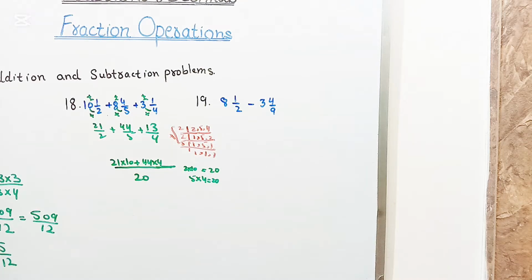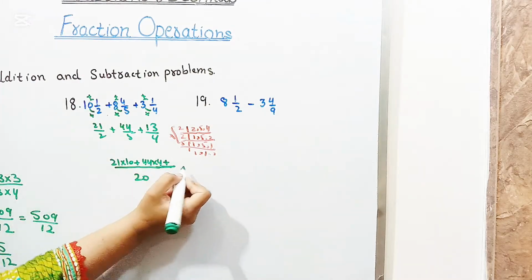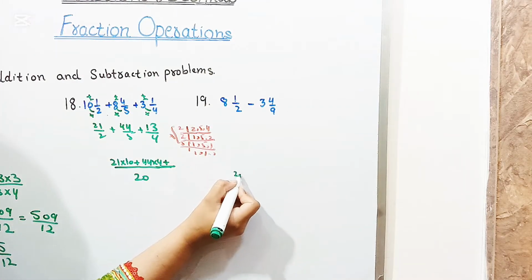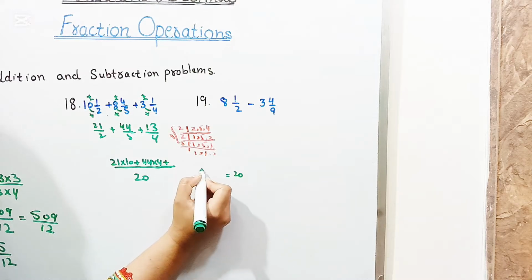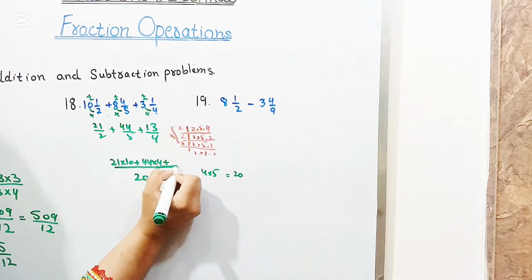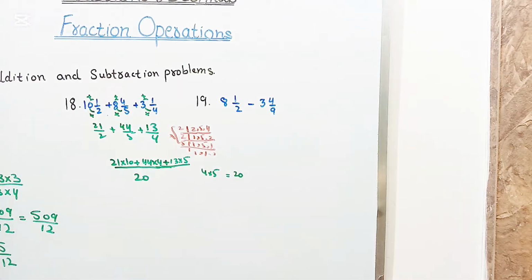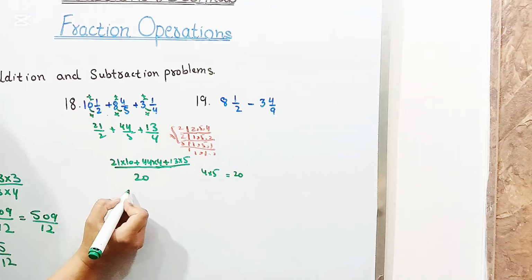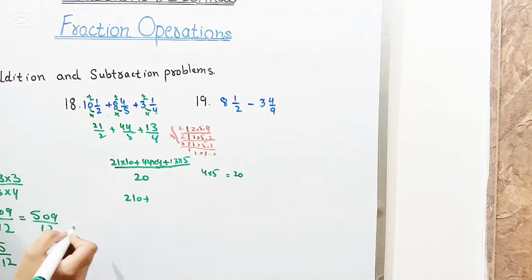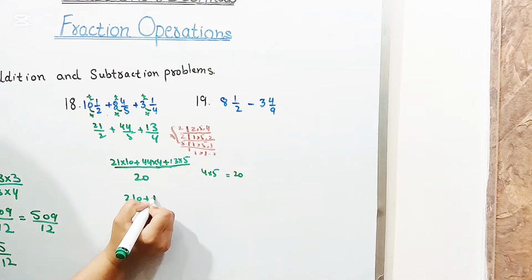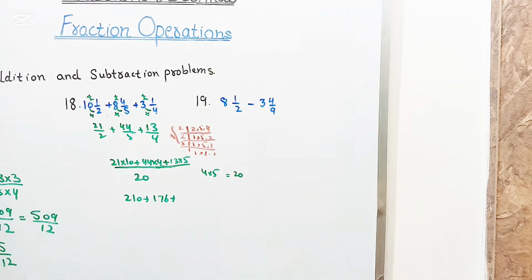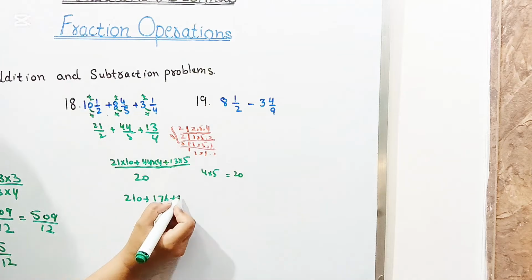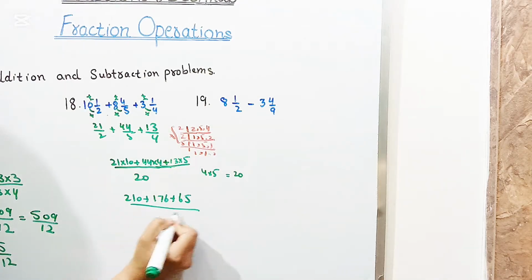And then plus, and again we get 20. How? 4 5s are 20. 13 multiply by 5. When we multiply all together, 21 multiplied by 10 gives 210, plus 44 multiplied by 4, 176, plus 13 multiplied by 5, 65, divided by 20.